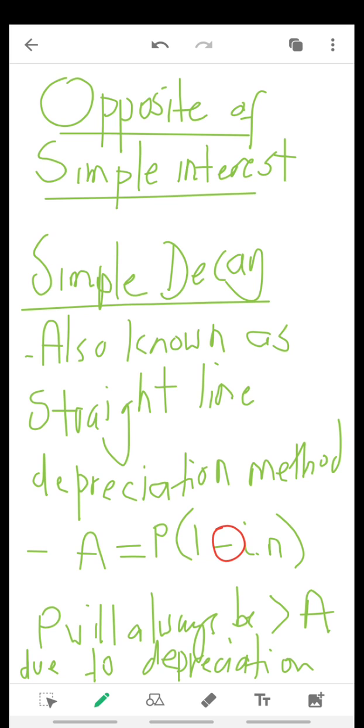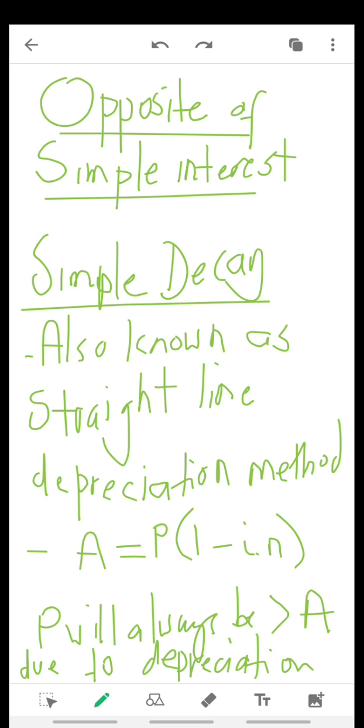So that's why we have a negative in the formula. Okay. Then also with depreciation, remember P is what you start with, the original pricing of a good or original amount, and then A is the final amount.